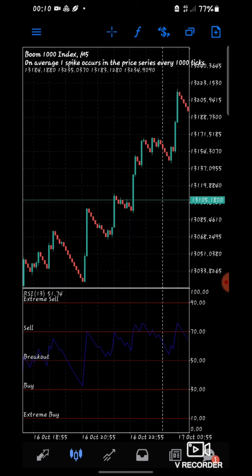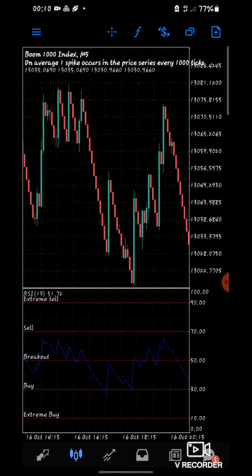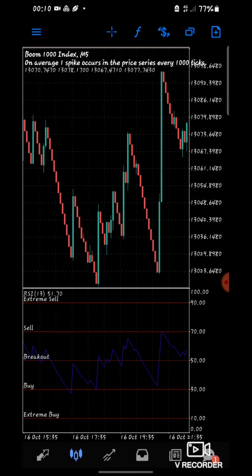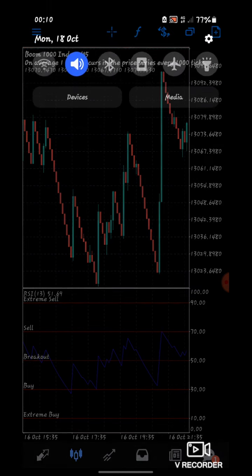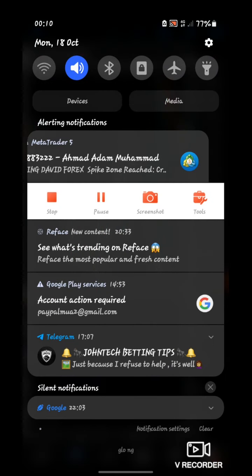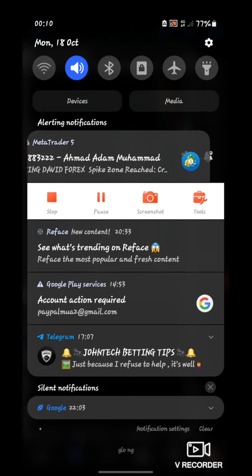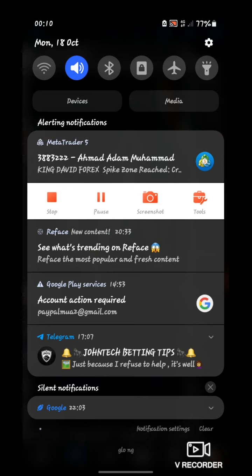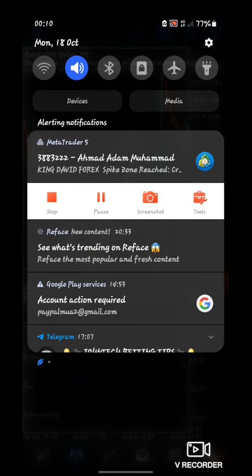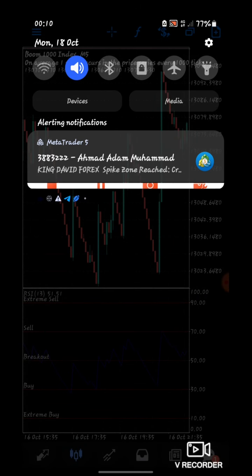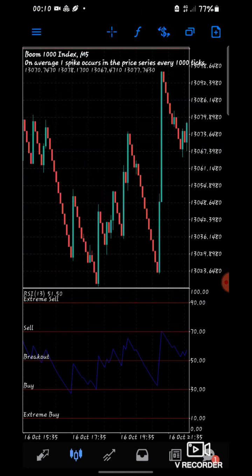Finally, guys, another thing I want to do is introduce our robots. This robot here signifies when a spike zone has been reached. It just gives you notifications whenever the market reaches a spike zone.